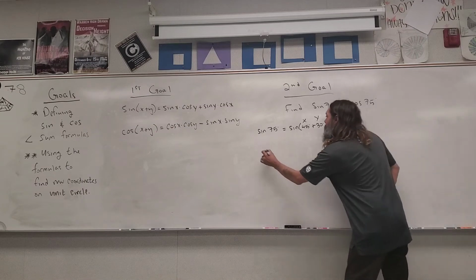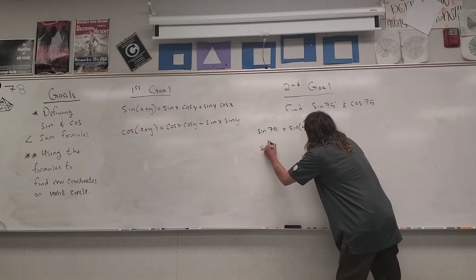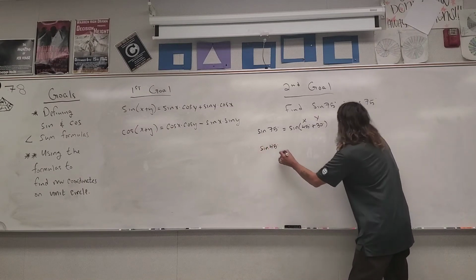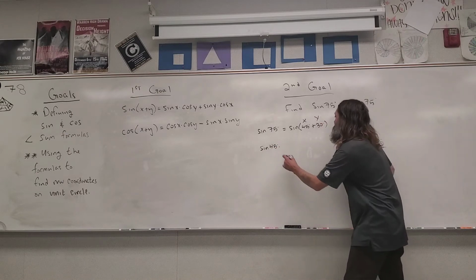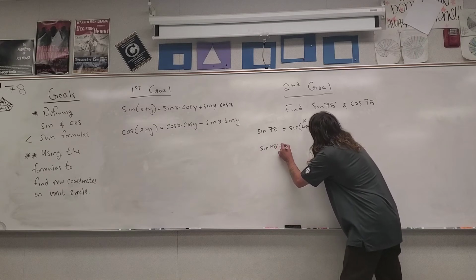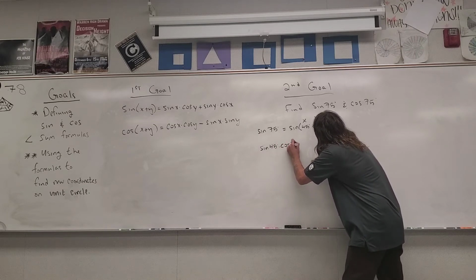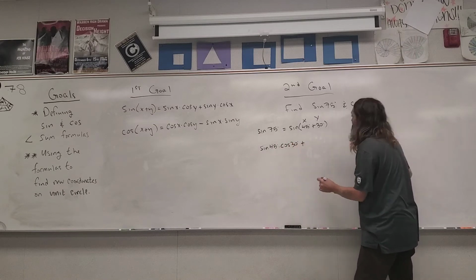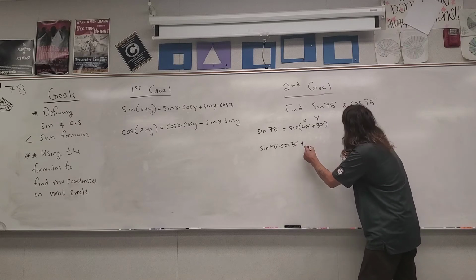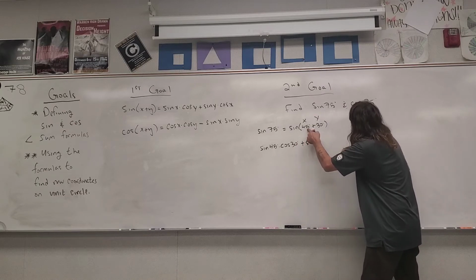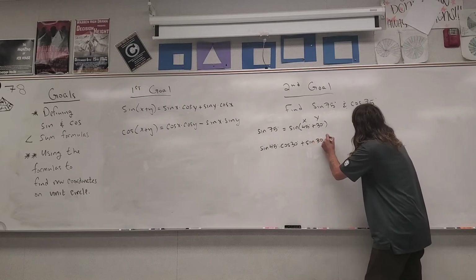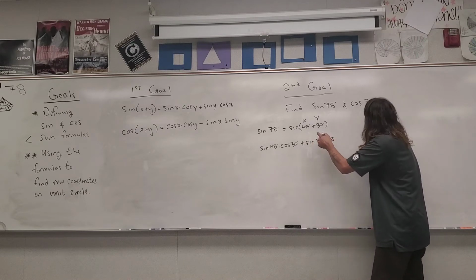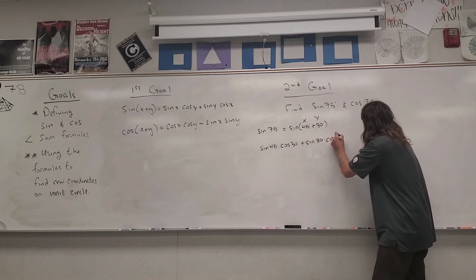So I have sine of 45 degrees, or my y coordinate at 45 degrees, times my x coordinate at 30 degrees, plus my y coordinate at 30 degrees, times my x coordinate at 45 degrees.